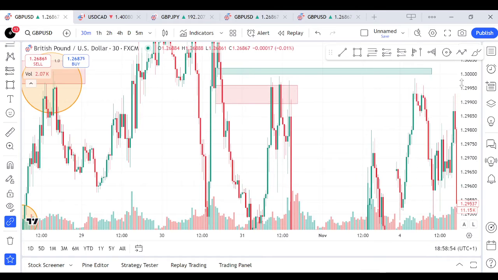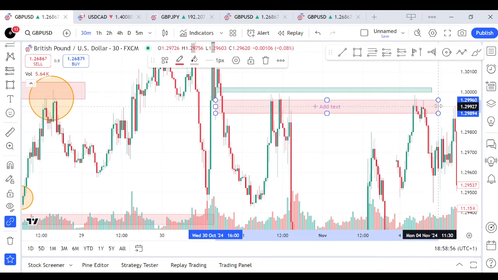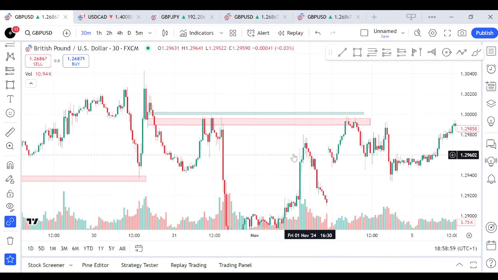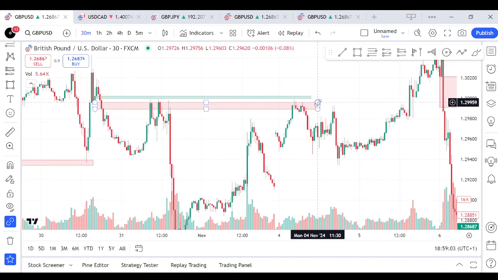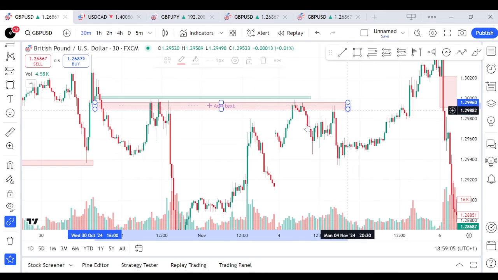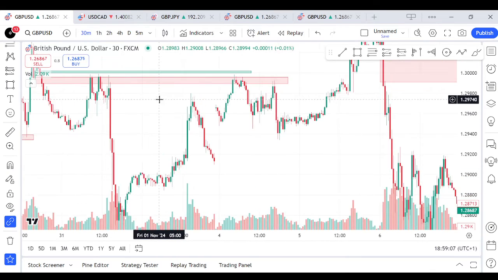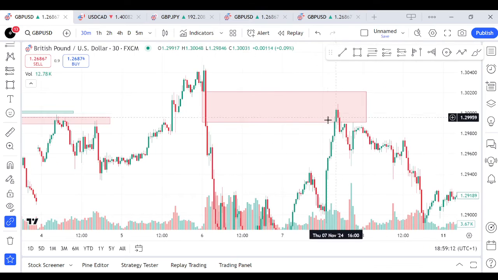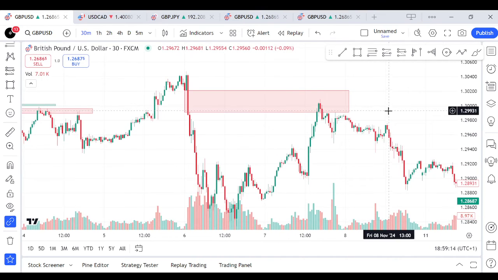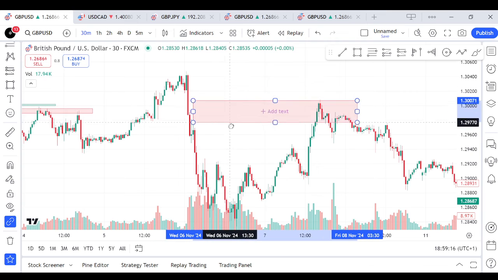So this was how price reacted to this resistance zone, about three times. Extend this also, and that's how you can use the FVG. Price always comes back to fill these gaps, so you should watch out for those pullbacks.